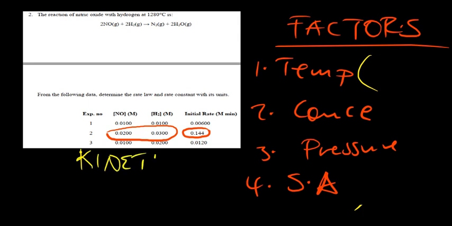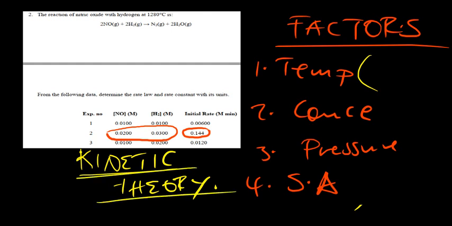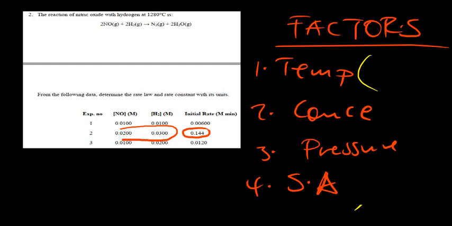Kinetic theory focuses on the basic idea that when you increase the temperature of the particles, the kinetic energy does what? Increases. Okay. So when you increase the temperature, you are increasing the number of collisions, because the particles will be moving with more energy. The particles will be moving more, so the chances of them colliding are higher.